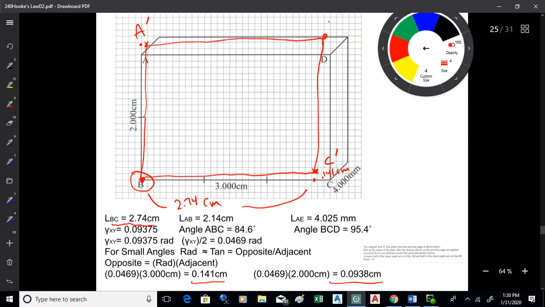So what I'm plotting up here is where these new points are going to end up. I have to declare a reference point, which is somewhat arbitrary. You know, I say this point doesn't move, I'm going to measure everything from here. And so I'm getting the final shape of that rectangle. Now it's going to get a little bit thicker too into the page, but not much.